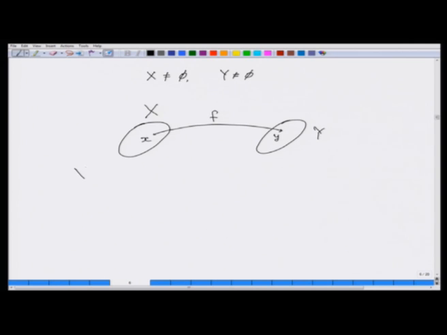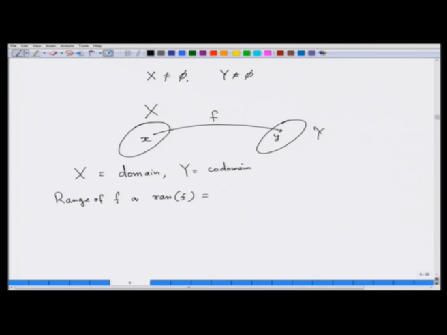So, this set X is often called the domain, and this set Y is called the codomain. There is another concept called range of the function, range of f, or in short Ran f.